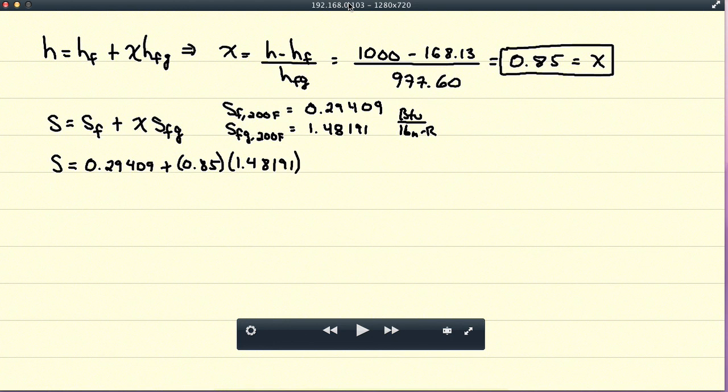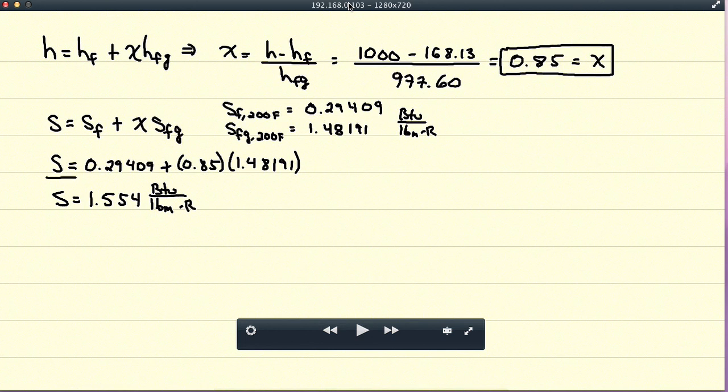And when we plug this into our calculators, we should get a value that's equal to 1.554 BTU per pound mass Rankine.